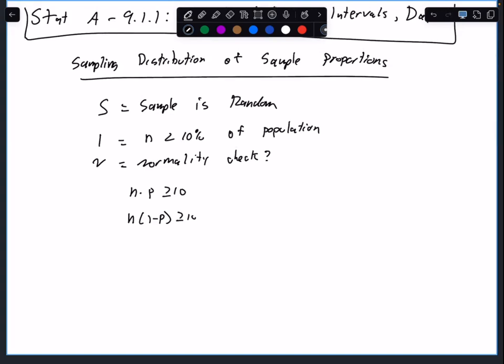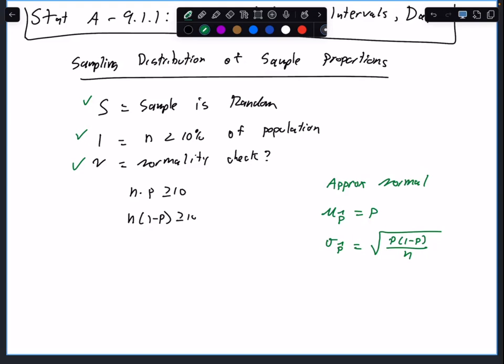If all three of these things are true, then the sampling distribution is approximately normal, where the mean of P hat is P, and the standard deviation of P hat is the square root of P times 1 minus P over N.